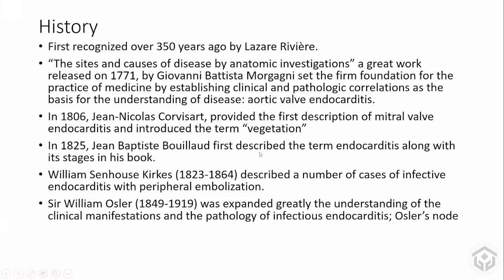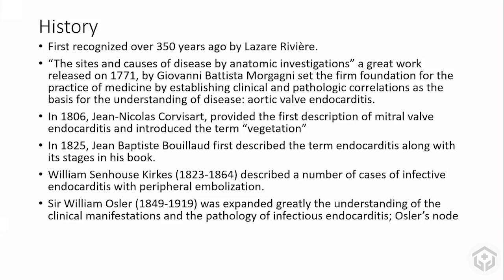In 1771, a physician named Giovanni Battista Morgagni wrote a book about clinical and pathological correlation for understanding of disease. There he correlated chronic rheumatic valve involvement with aortic valve endocarditis.